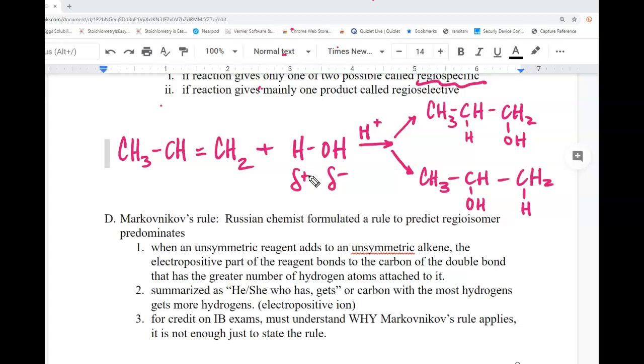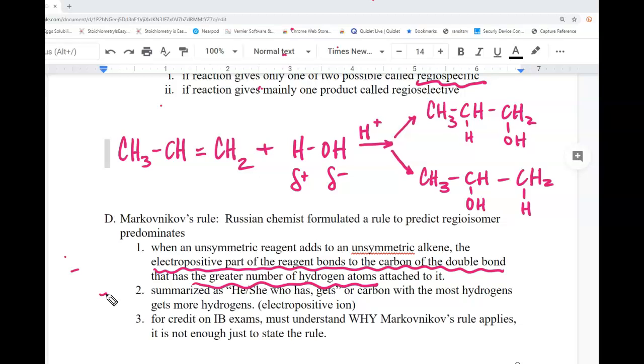That's going to be the central carbon and not the ending carbon. We can summarize that as: when an unsymmetric reagent adds to an unsymmetric alkene, the electropositive part of the reagent bonds to the carbon that has the greater number of hydrogen atoms. And that means that the more electronegative part bonds to the carbon with fewer hydrogens.